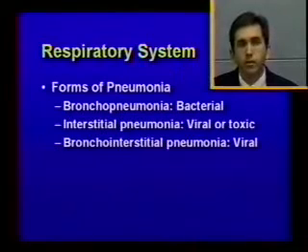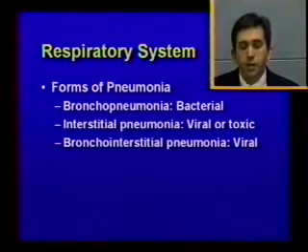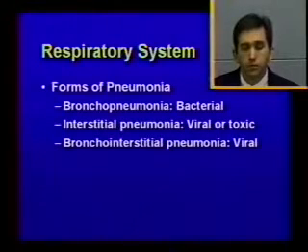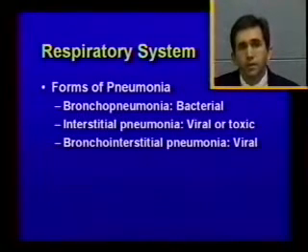Finally, we have a combination of the two, known as a broncho-interstitial pattern. This is usually seen in viral infections, and the reason it's a combination of the first two is because it is not completely due to infection of a bronchus by an organism, but more it's a combination of an infection both of the bronchial epithelium and of the alveolar epithelium.